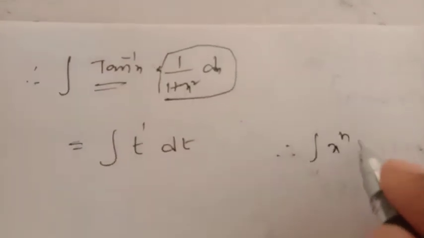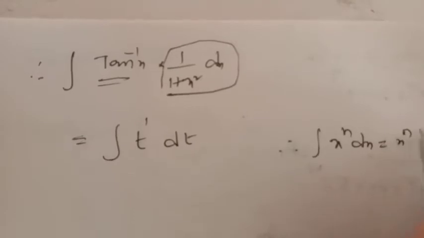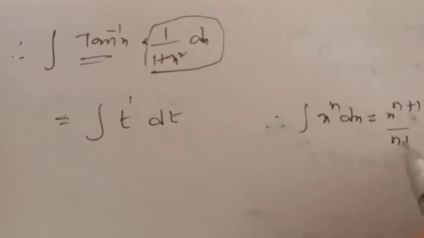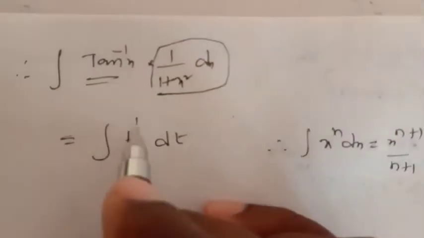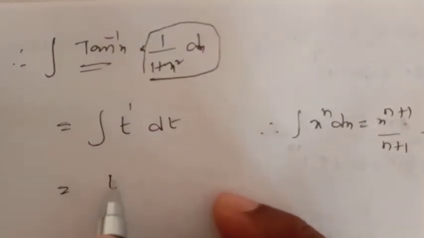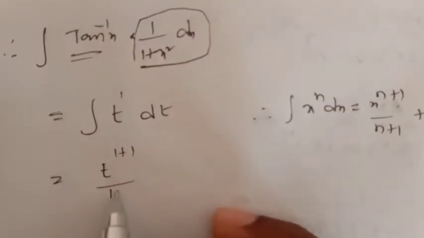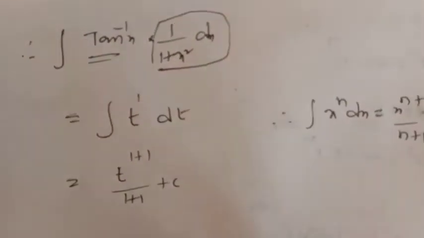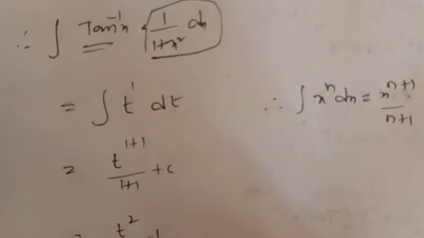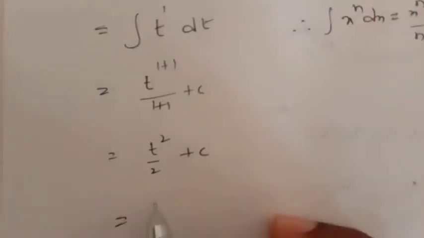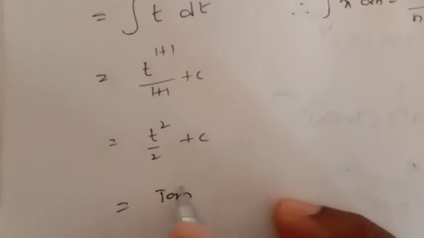Here we have integral x to the power of n dx equal to x to the power of n plus 1 by n plus 1 plus c, that equal to t to the power of 1 plus 1 by 1 plus 1, that equal to t square by 2 plus c. Here substitute the t value, we get tan inverse x whole square by 2 plus c is the answer of the first problem.